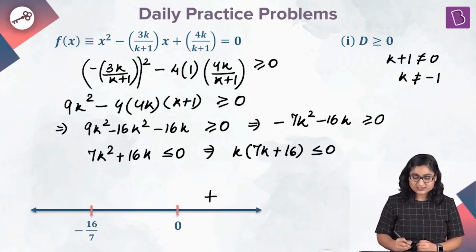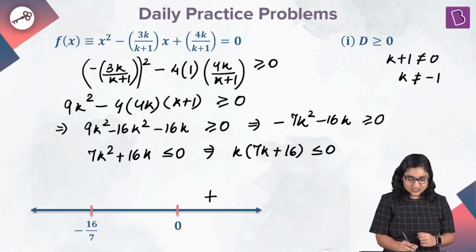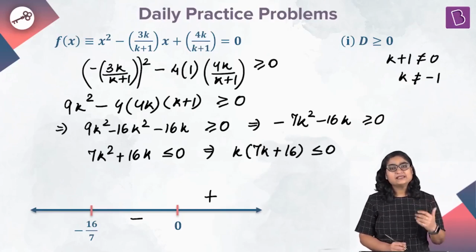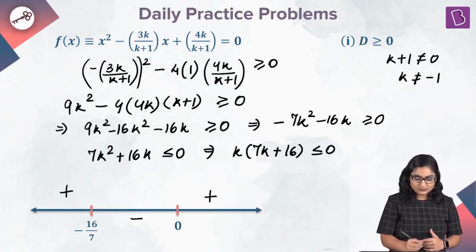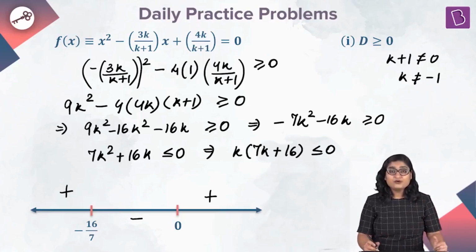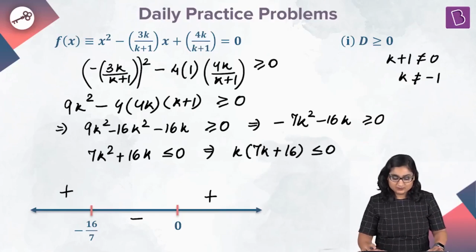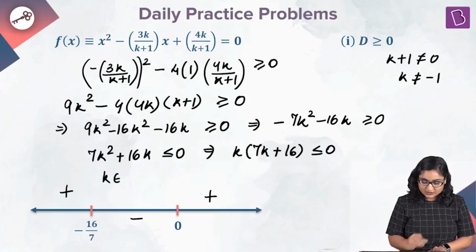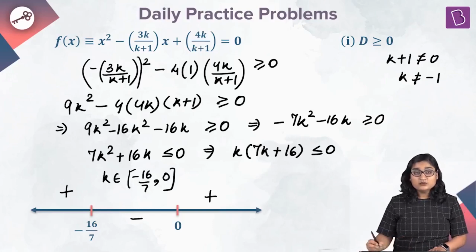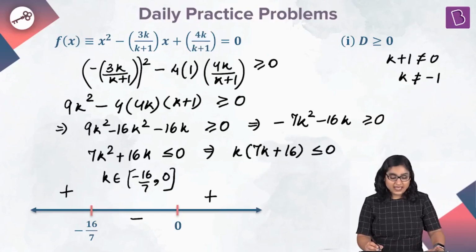So we'll start with positive. About 0, it will change to negative. About negative 16 by 7, it will change to positive again. But I'm looking for the interval where the expression k multiplied by (7k plus 16) is less than equal to 0. So what we'll get is k belonging to the interval negative 16 by 7 to 0, including both negative 16 by 7 and 0.